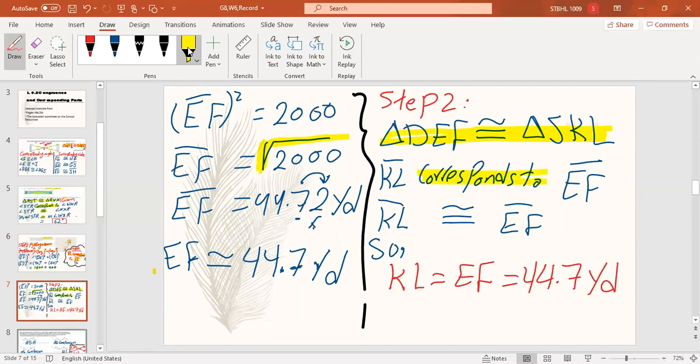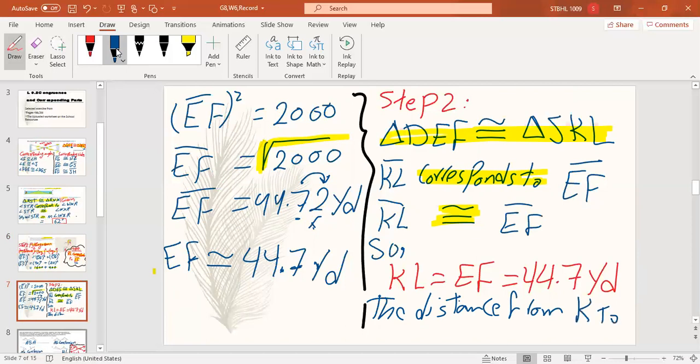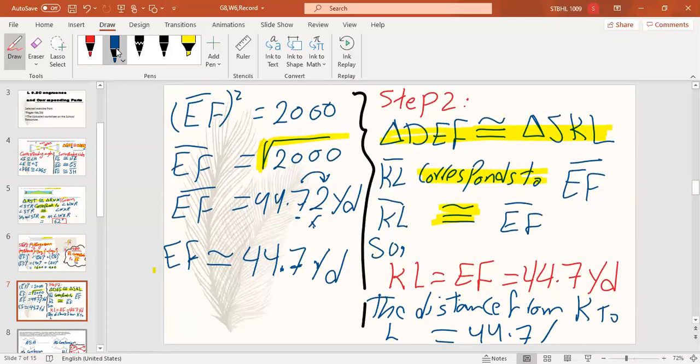So line segment KL is congruent to line segment EF. So the length of line segment KL equals EF, which equals 44.7. So the distance from point K to point L in the parking lot equals 44.7 yards.